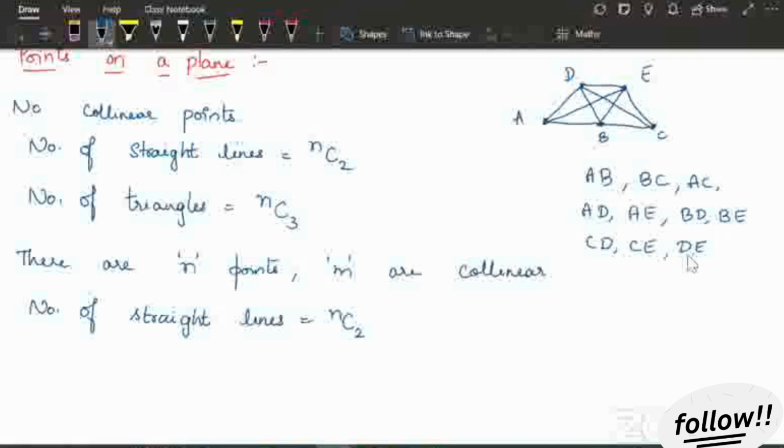But actually, 10 different combinations will be there only if we don't have any collinear points. Here we have collinear points, right? Are AB, BC, AC all separate lines? No. AC is one single line. We have only one line AC. AB and BC are not separate lines; they are part of AC.